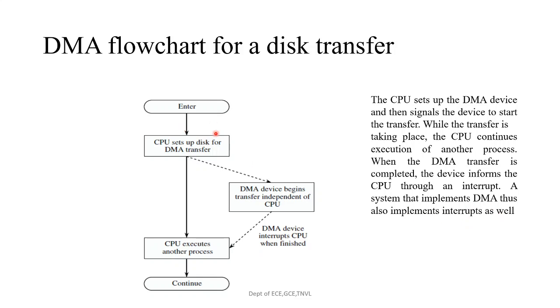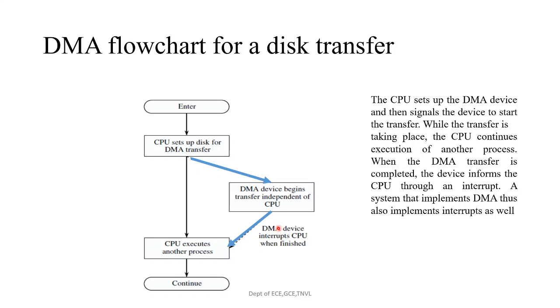If you see here, the CPU sets up the disk for the DMA transfer by signaling the device. Now the DMA device begins the transfer independent of the CPU, or it does the job of the CPU.